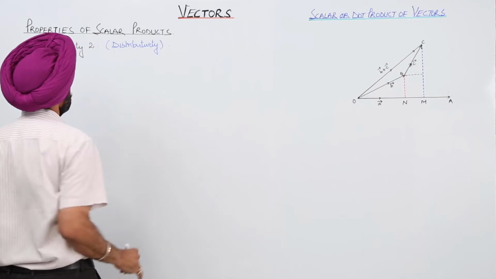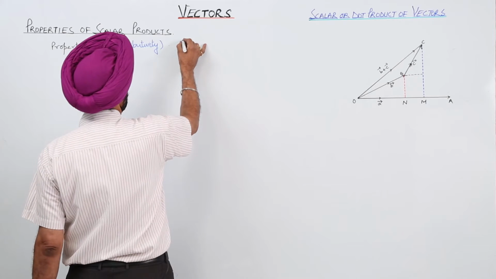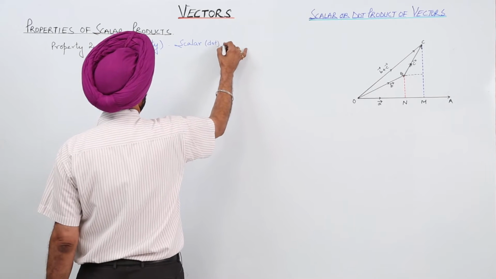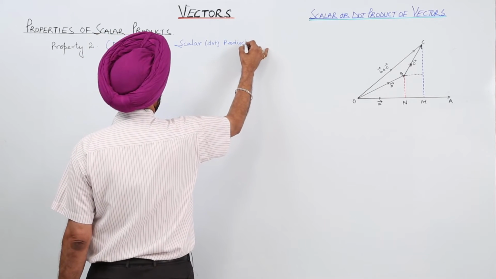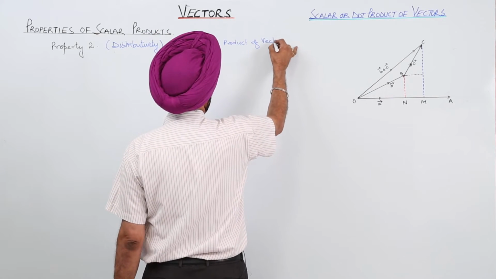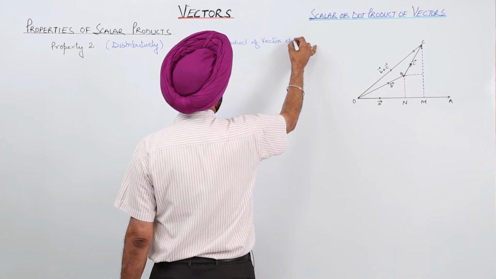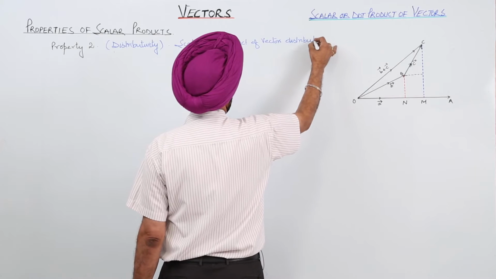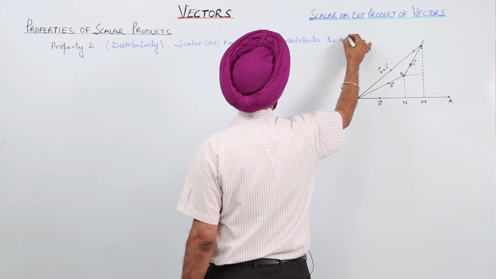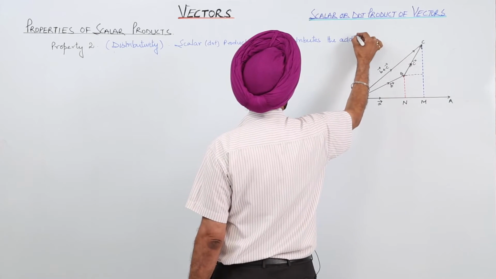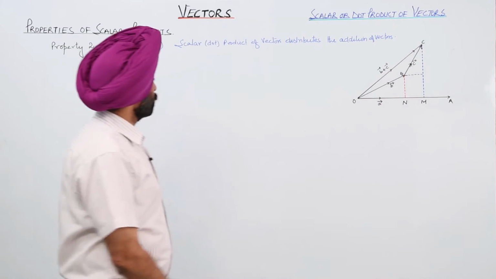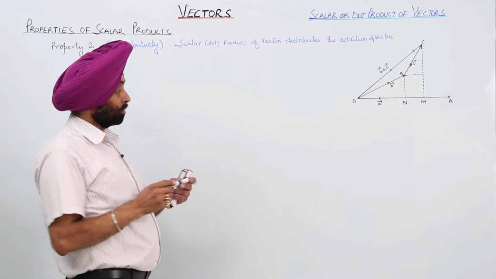Now what this property states: the scalar or dot product of vectors distributes over the addition of vectors. Scalar dot product of vectors distributes over the addition of vectors.